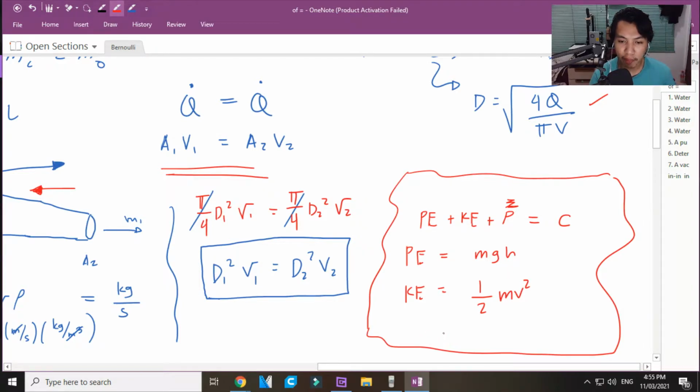Sir, we discussed that the pressure is equal to gamma h. I derived that in our previous meetings. What is gamma? That is the specific weight of your fluid, which is commonly water. And h is the height where the fluid came from.